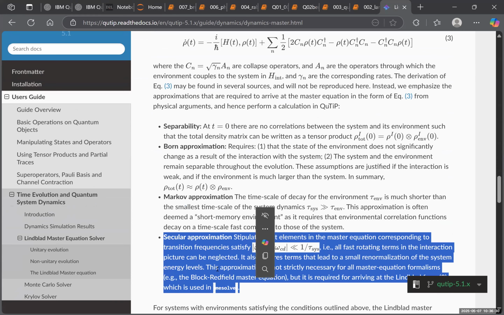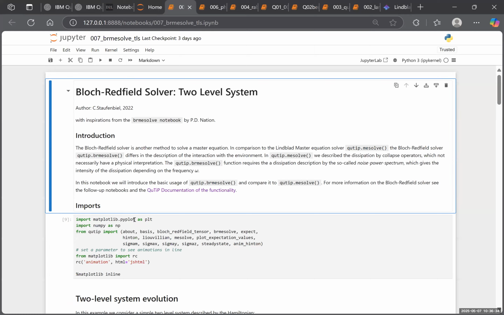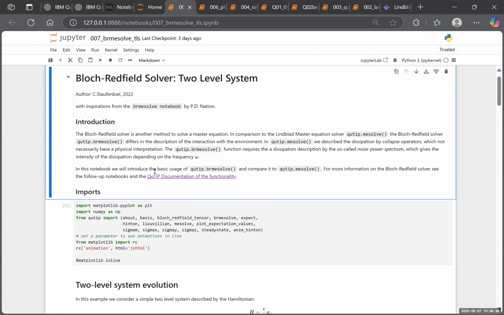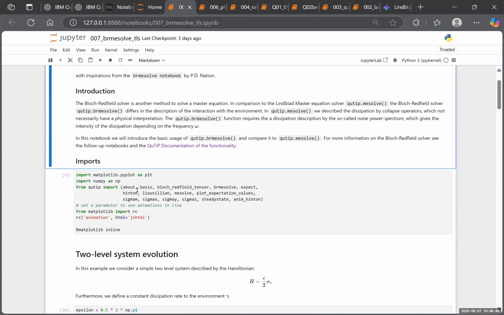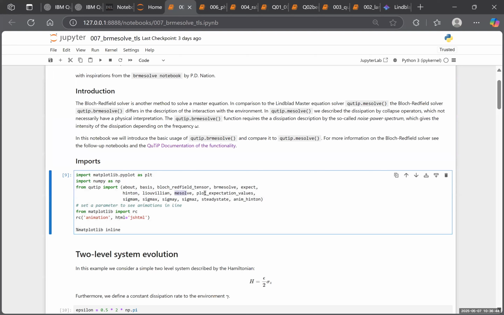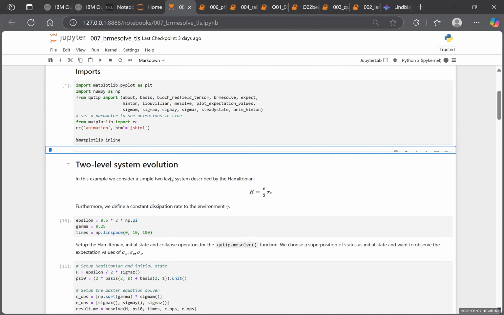So let's see, does it provide some comparison? Yeah, so there will be the solver, and it will be ME solve, right? And also the BRME solve. Right. So there will be some comparison.